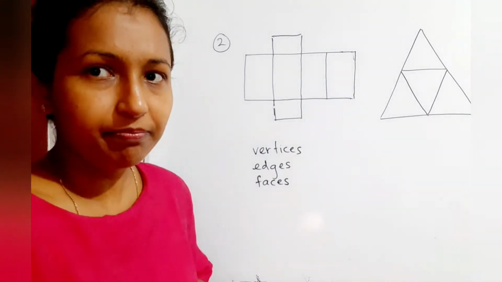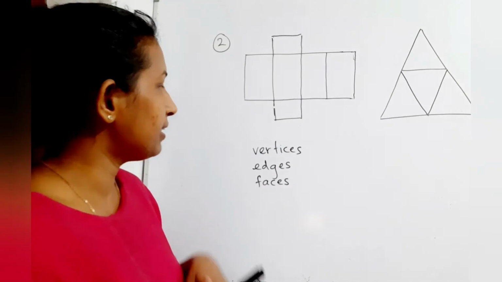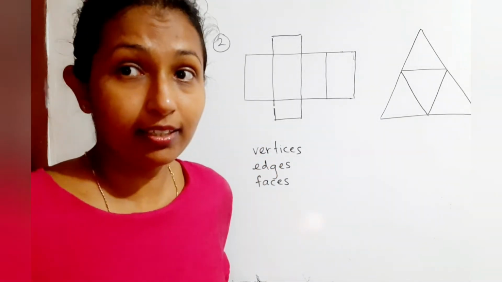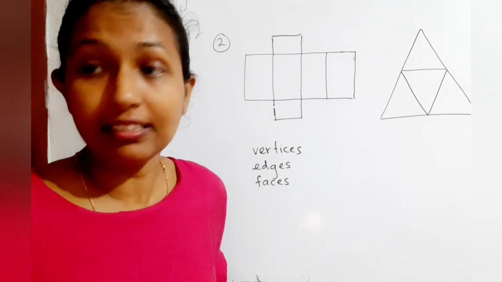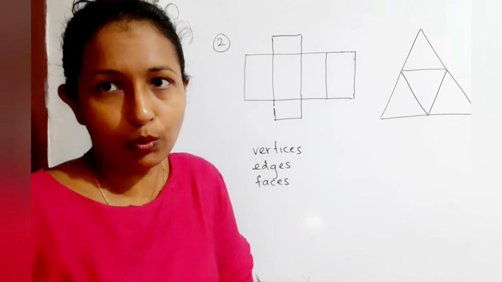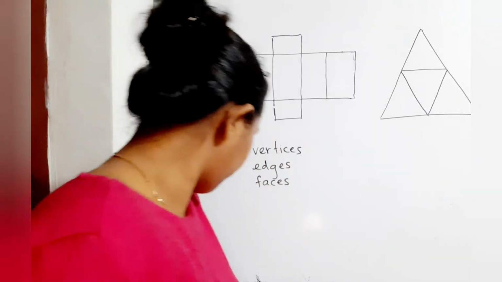Can you remember? Yes, I think you can remember. Okay, I will show you an example of a cuboid shaped object. Then you can remember the lesson and you can answer.